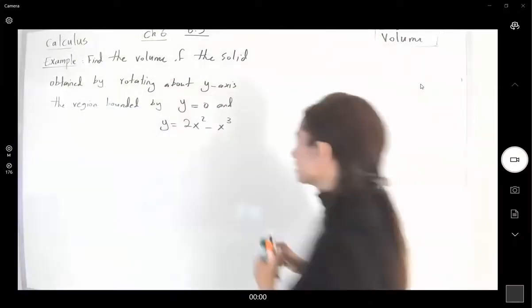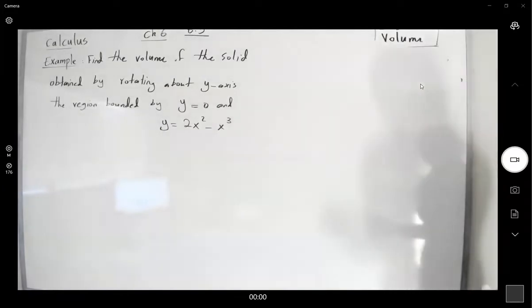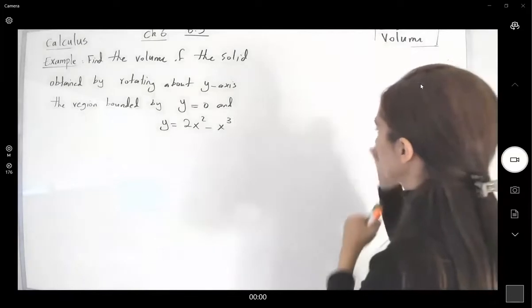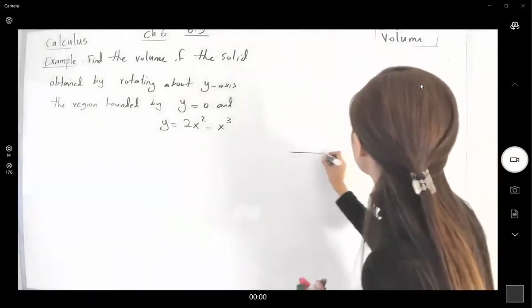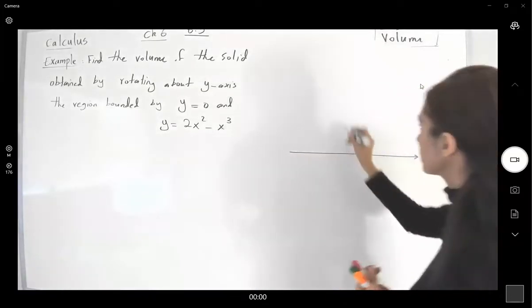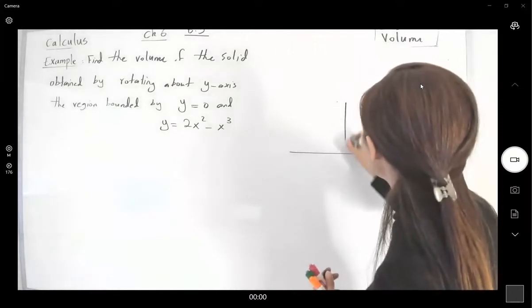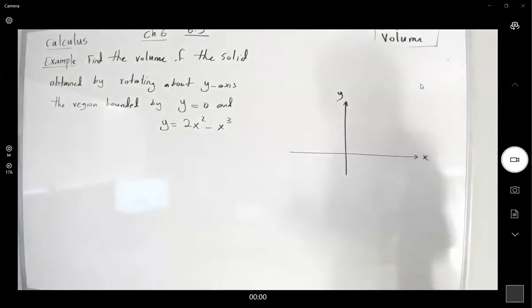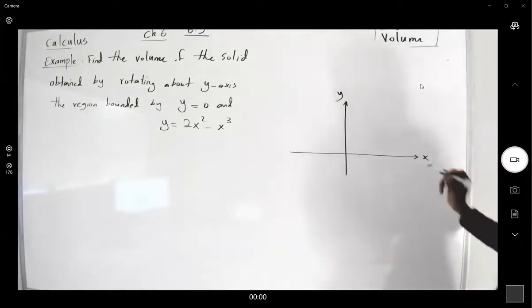Okay, let's take a look at the graph first and see if we can analyze this. Here we have our x-axis, we have our y-axis, then the graph 2x squared minus x cubed. It's almost like this.